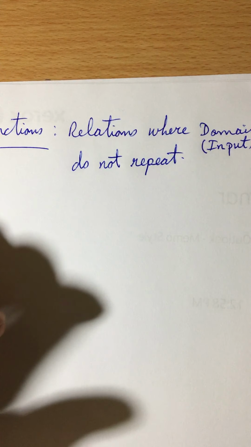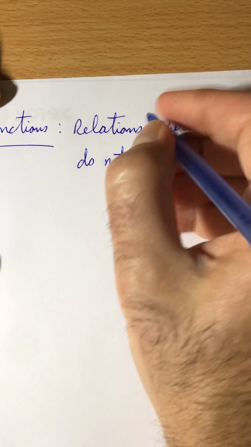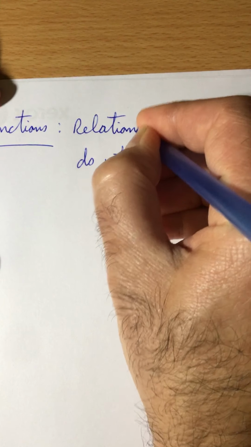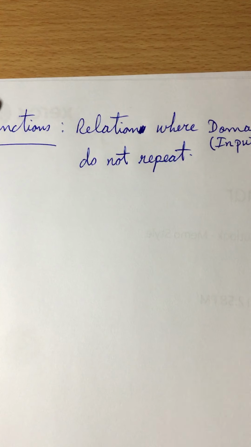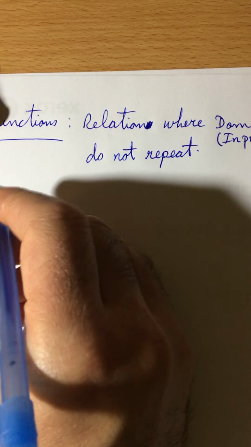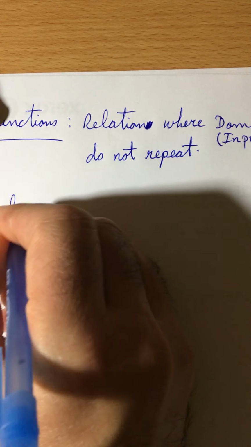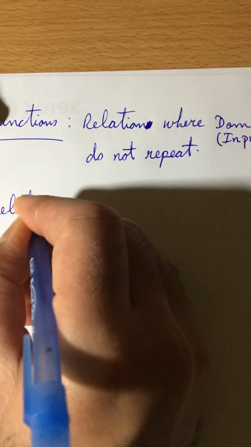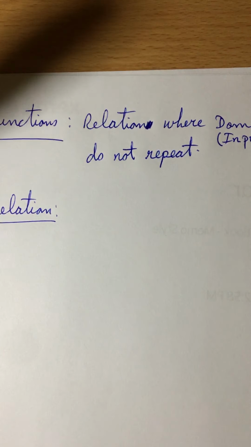Well, first of all, what is a relation? A relation can be defined in many different ways, but a relation could be a pairing of numbers.